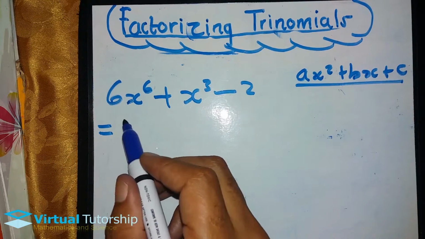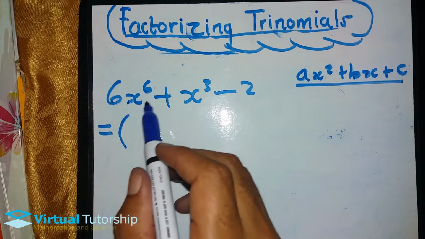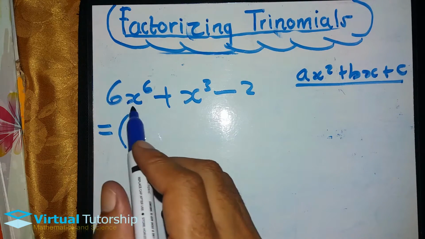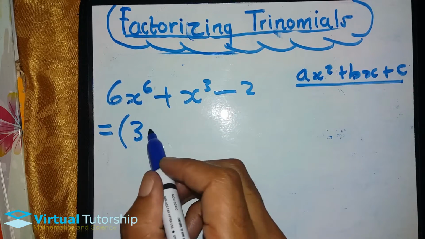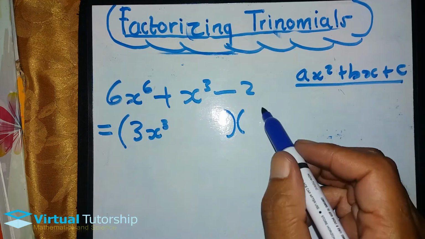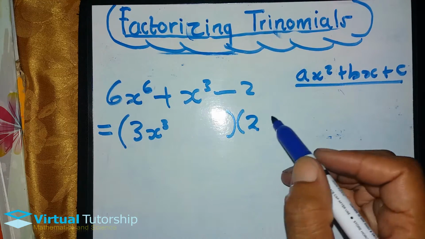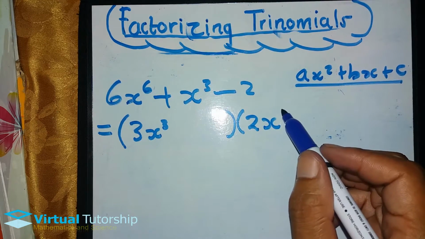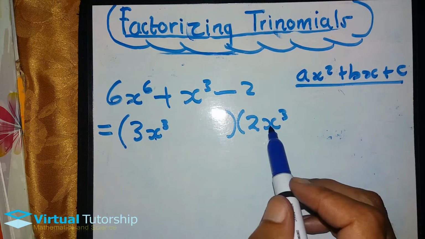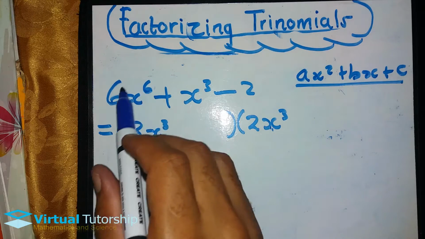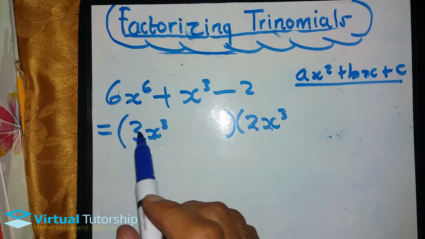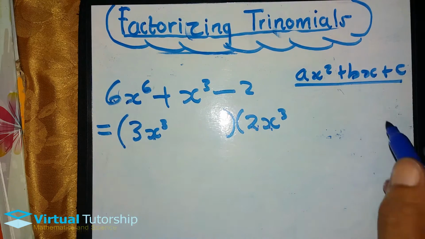So bheka ke ngifuna ama-factors ka 6 exponent 6x exponent 6, it's gonna be 3x exponent 3, and then 2 exponent 3, exponent 3 times x exponent 3 times x exponent 3 izonginikeza this x exponent 6, and then 3 times 2 inginikeza a 6.